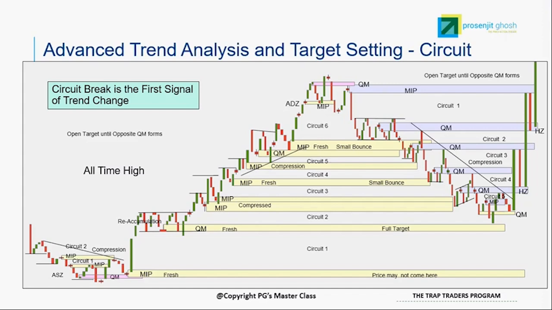Yes, a trend change can happen without a QM. That can happen if there is an accumulation and there is no QM as well, but it's a fresh accumulation or reaccumulation. The trend can change from it. But how will you know that the trend has changed?